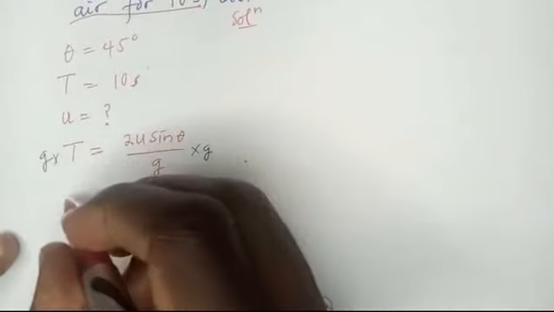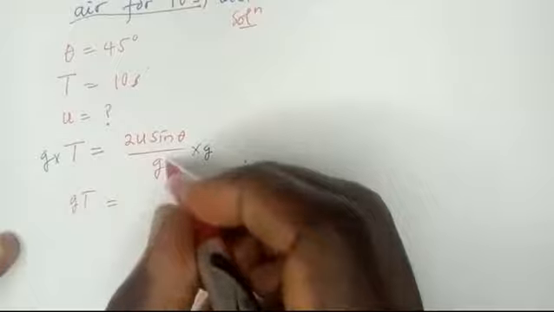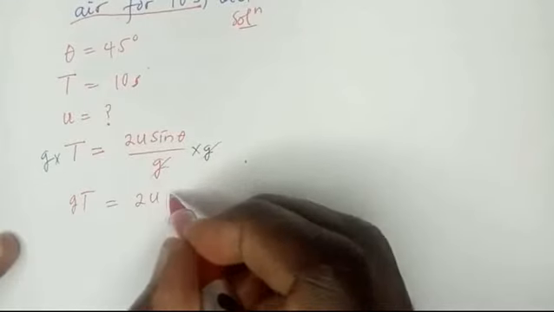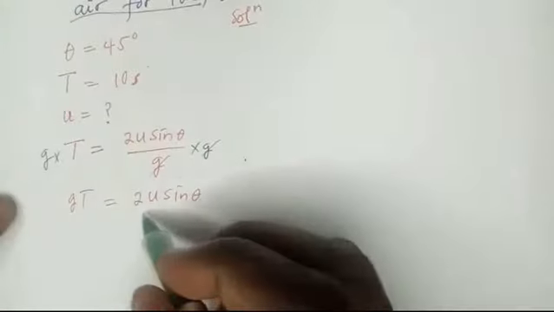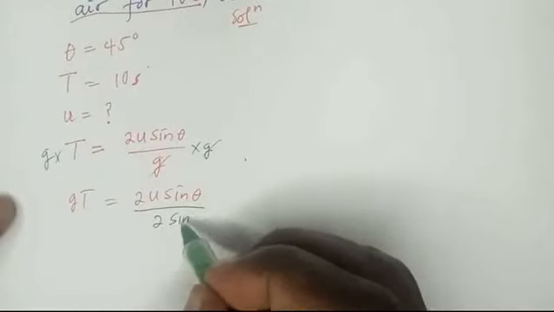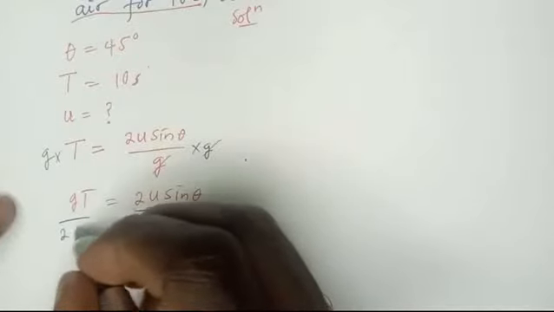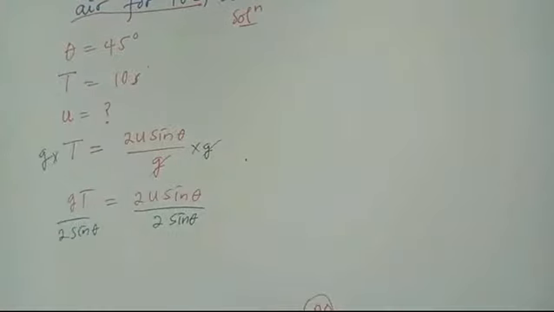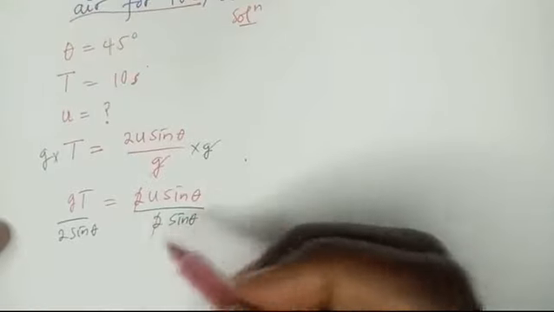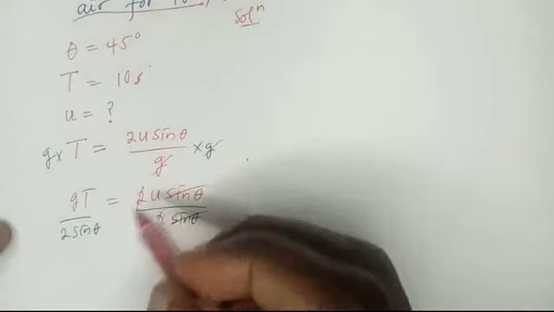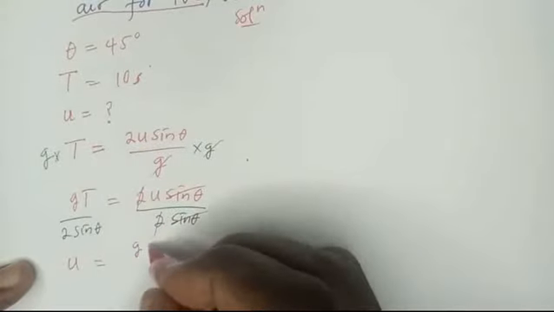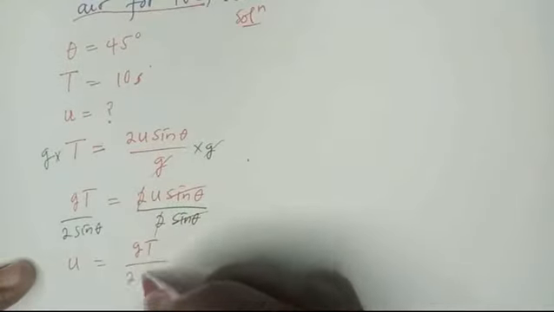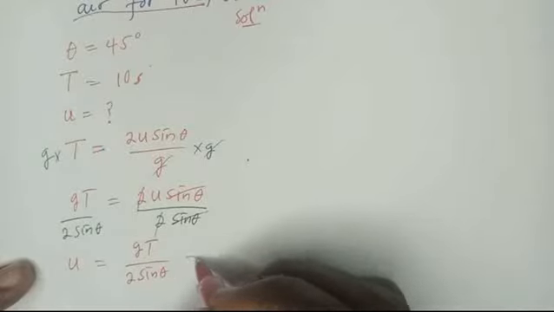Now g times T gives gT, equal to 2u sine theta. Next, I divide both sides by 2 sine theta. The purpose is that I want 2 to cancel 2 and sine theta to cancel sine theta, so that I have only u on one side, and on the other side I have gT divided by 2 sine theta. Now I can continue and substitute the values I have.